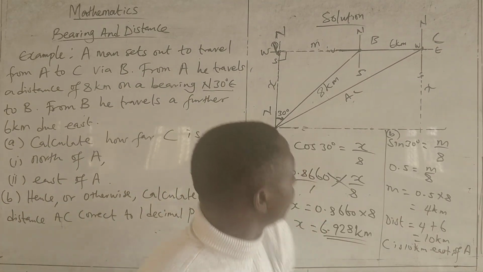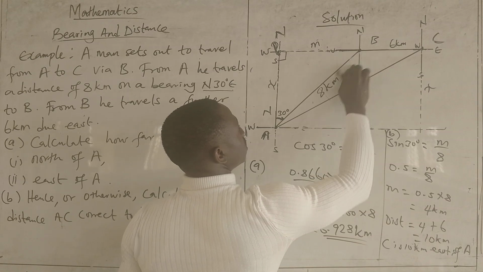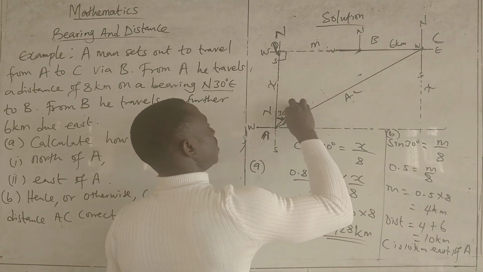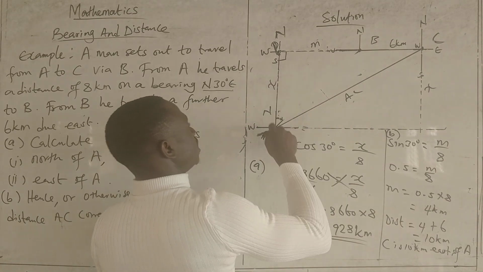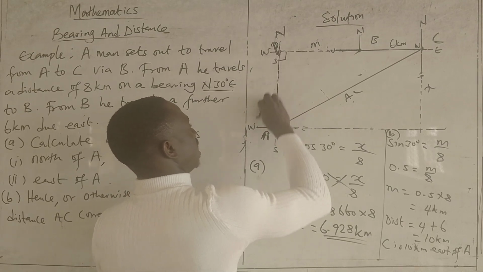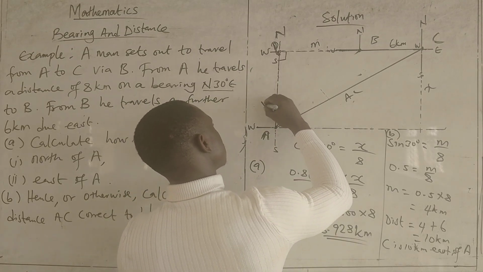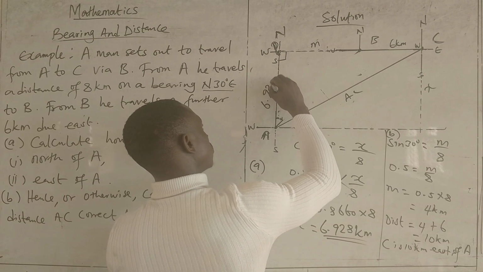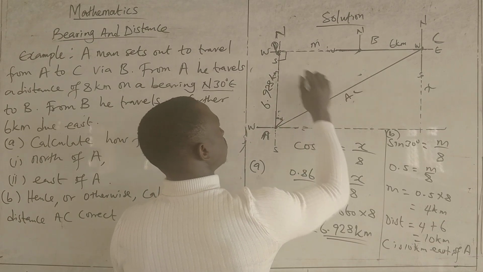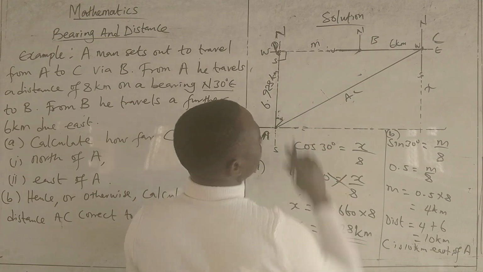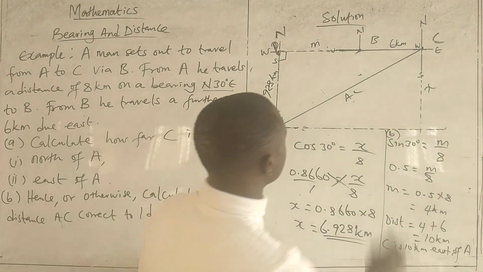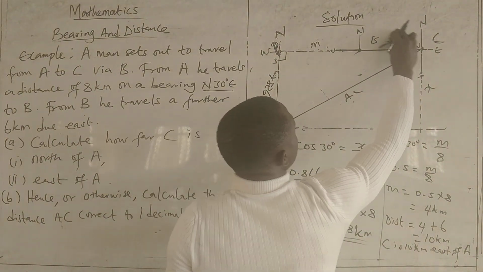Let me clean every other line so that you get the picture clearer. We know here is x, and x is 6.928 kilometers.